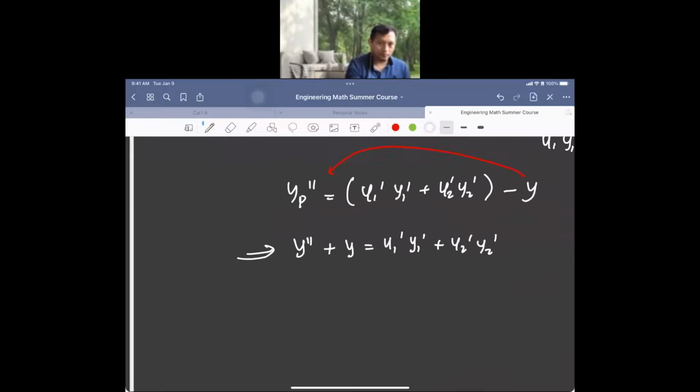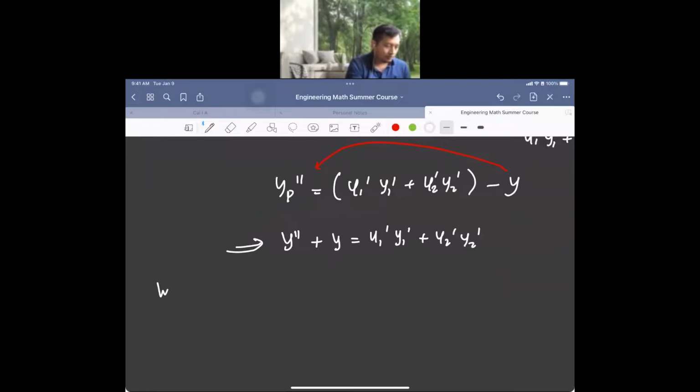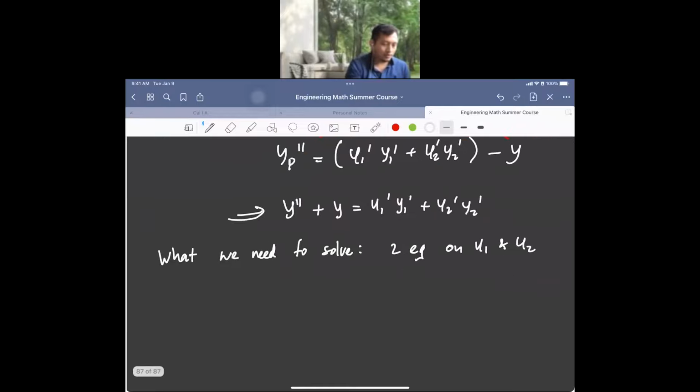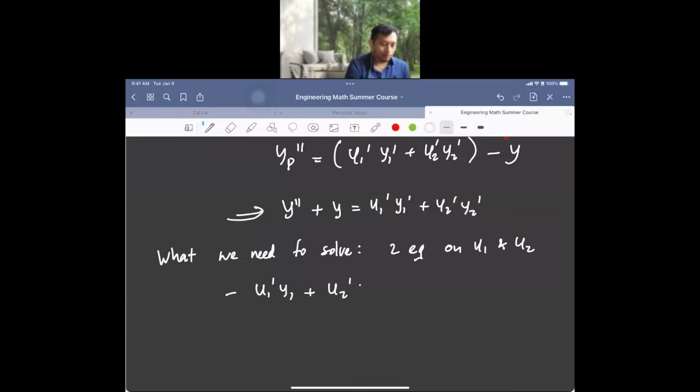So what we need to solve are two equations on u1 and u2. The first is u1 prime y1 plus u2 prime y2 equals 0, and the second is u1 prime y1 prime plus u2 prime y2 prime equals a function of x.